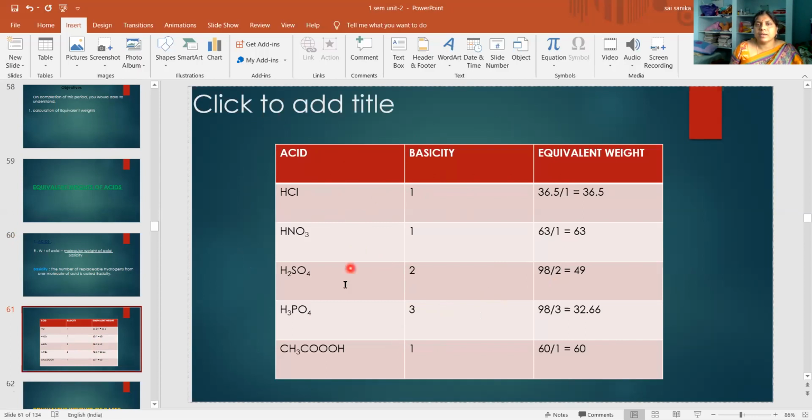You will get the basicity by splitting the molecules. Here are HCl, HNO3, H2SO4, H3PO4, CH3COOH. Basicity and equivalent weights are given. You already know the molecular weights. I will share the whiteboard so you clearly understand the basicity.